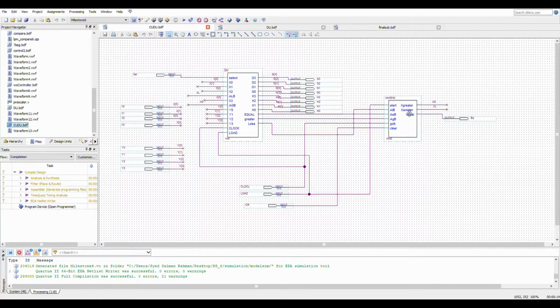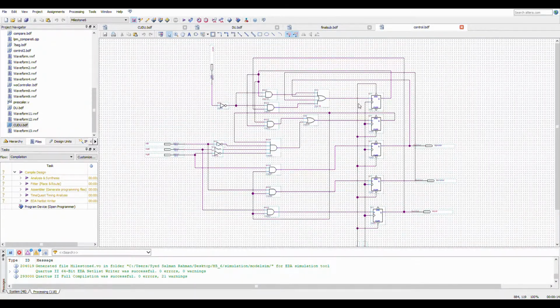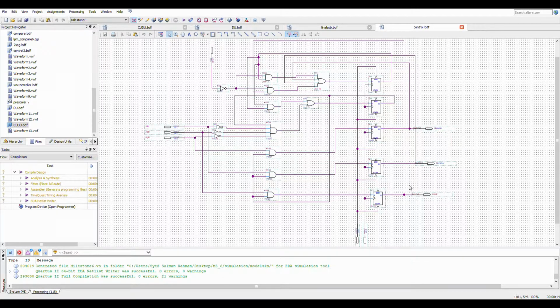The second part was the controller. For the controller we had to make an ASM chart, and from the ASM chart we got the state equations and the output equations, and from those equations we used one-hot encoding to get the circuit.